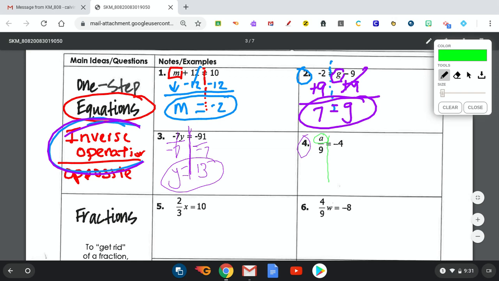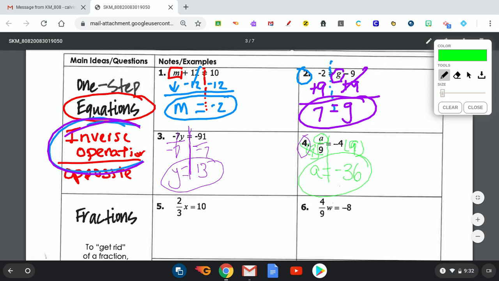So since this is dividing by 9, I'm going to multiply both sides by 9. Notice how I use the parentheses. That cancels out because I did the opposite. I bring my a down, and negative 4 times 9 is negative 36. So that is my answer. So notice again how I'm doing the opposite operations.